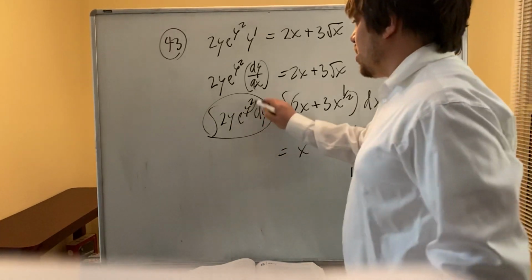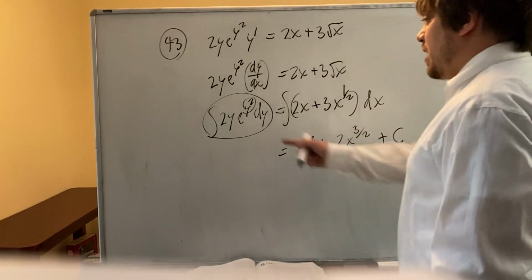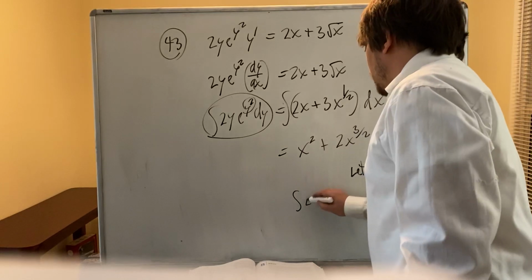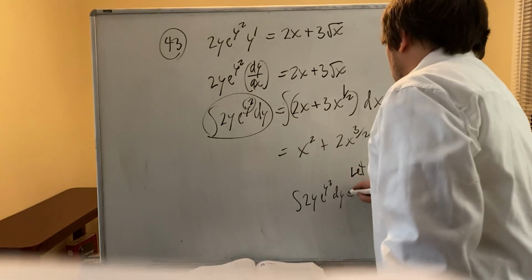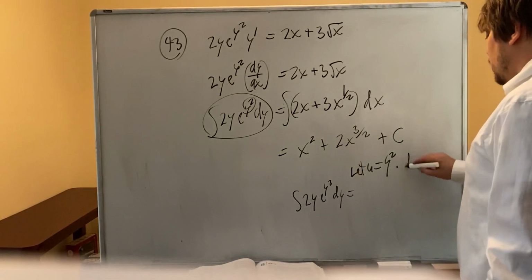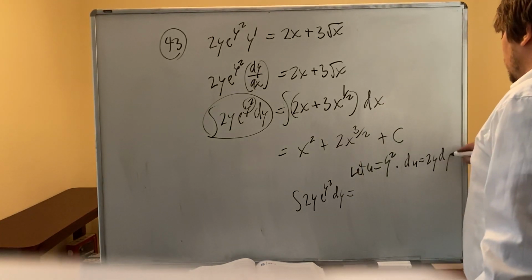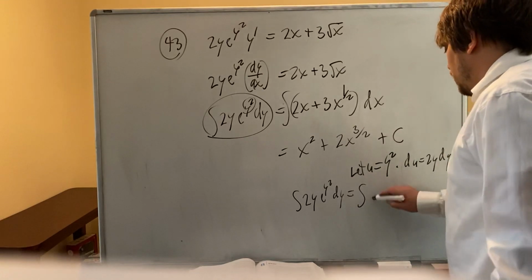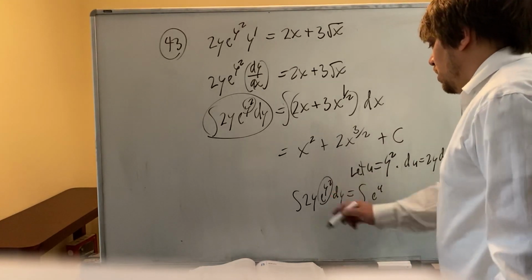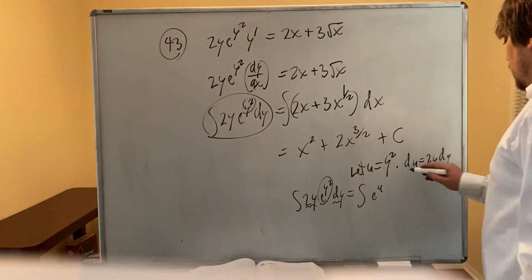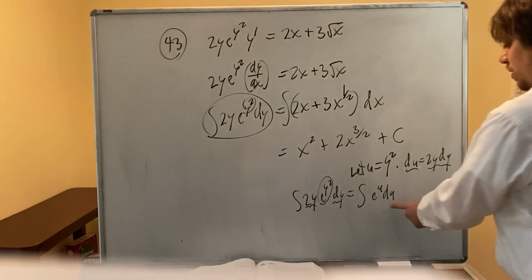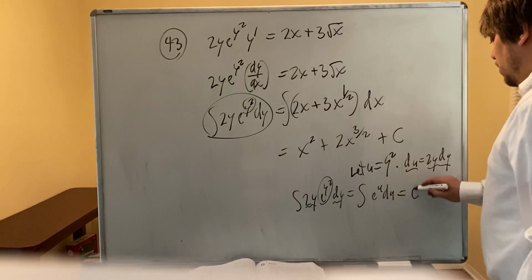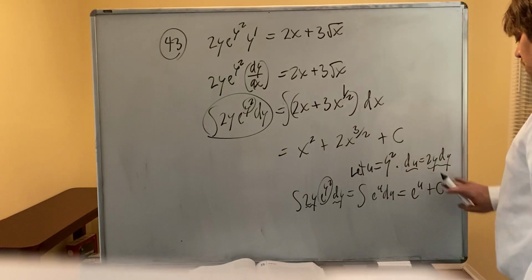Then the integral of 2y e to the y squared dy is equal to, well, u is y squared, du is 2y dy. So this is equal to the integral of e to the u, with 2y dy being du. And so this integral is the integral of e to the u du, which is e to the u plus a constant, right?